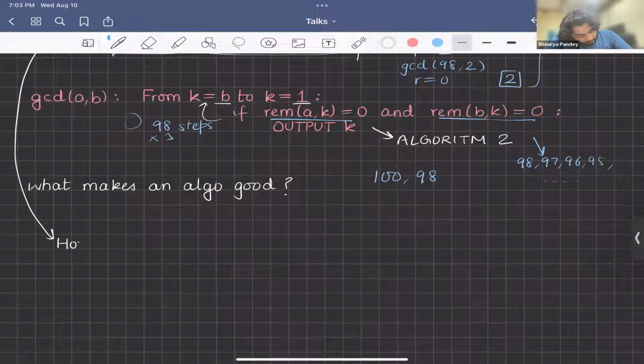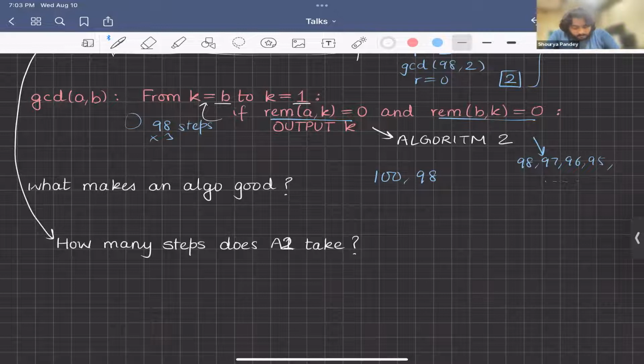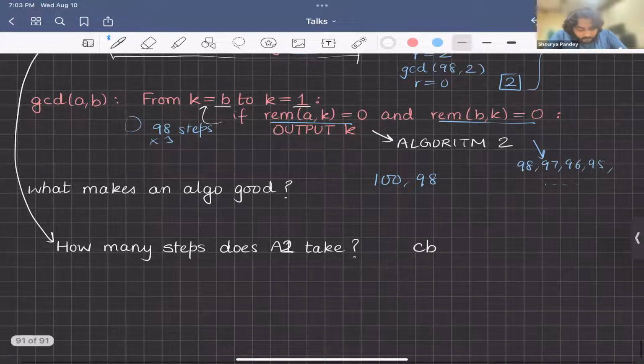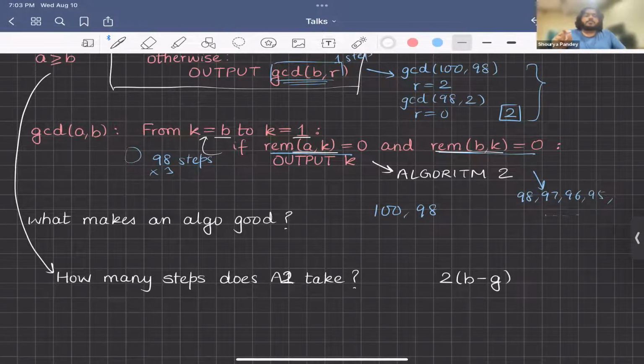So how many steps does algorithm 2 take? We can say that it's some constant times b. If we regard these as one step each, then it's something like 2 times b. Not necessarily, it's more like 2 times b minus the GCD, because we go all the way from b to the GCD.